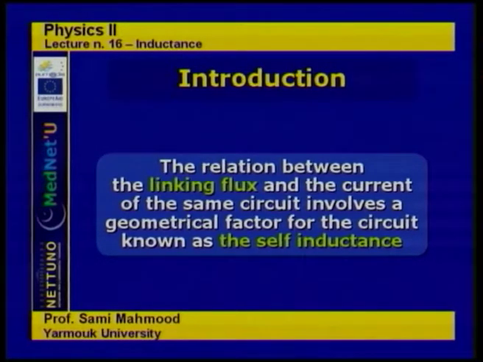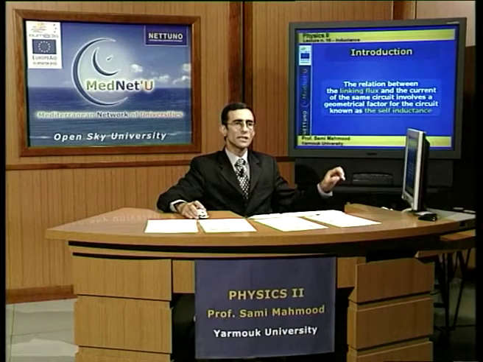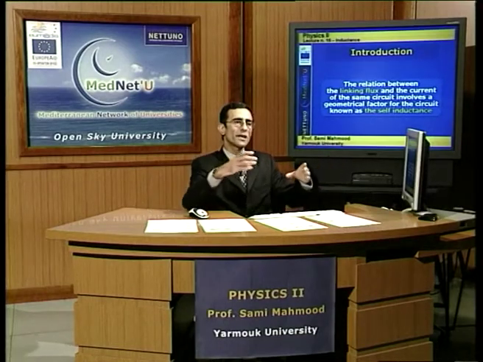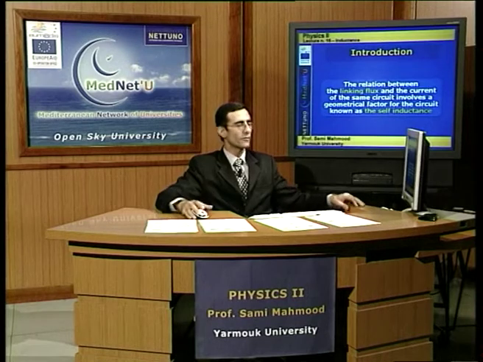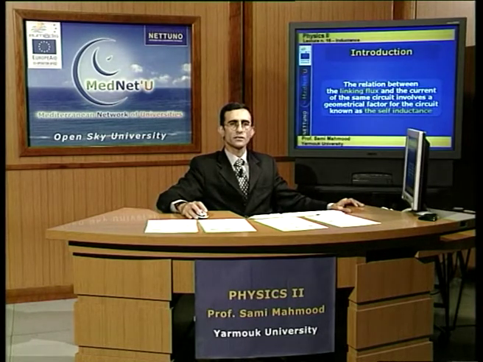This geometrical factor for the circuit itself is known as the self-inductance. So this is the geometrical factor that appears in the relation between the linking flux and the current of the circuit itself, the self-inductance.